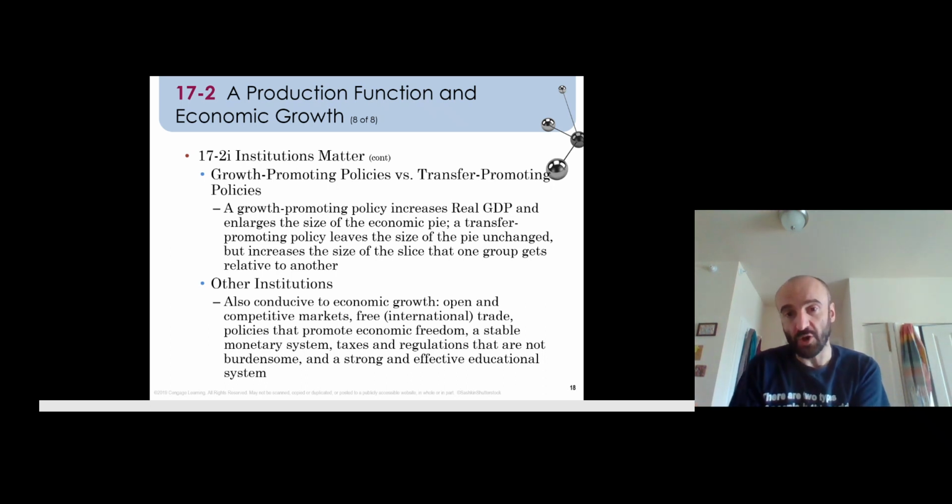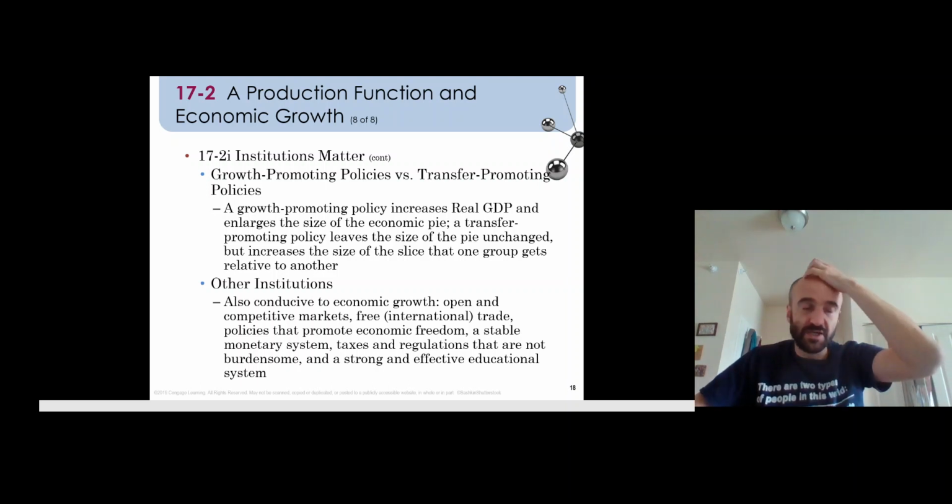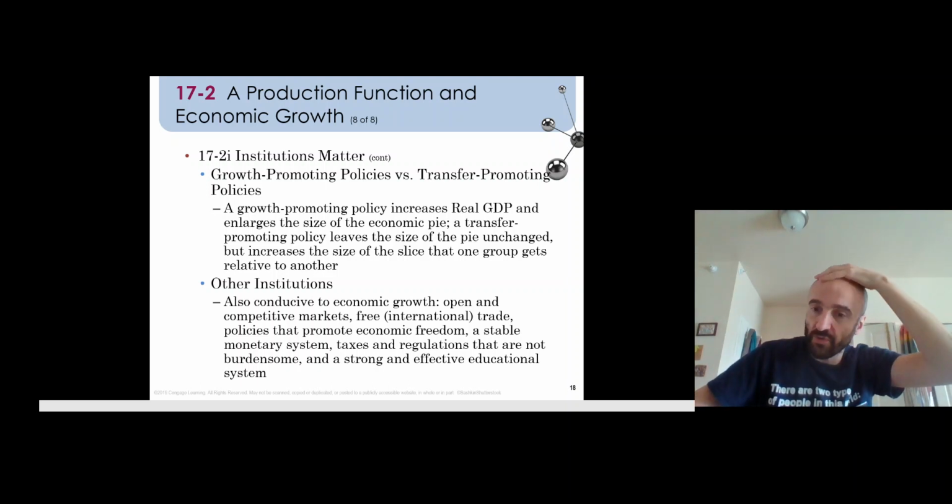So you have that phenomenon in a decentralized federal country like the United States, that better institutions and more growth promoting policies, such as lower taxes, lower spending, and more limited regulation, increase economic growth. That's even more so the case in an international institutional context. Transfer promoting policies are actually harmful for economic growth.